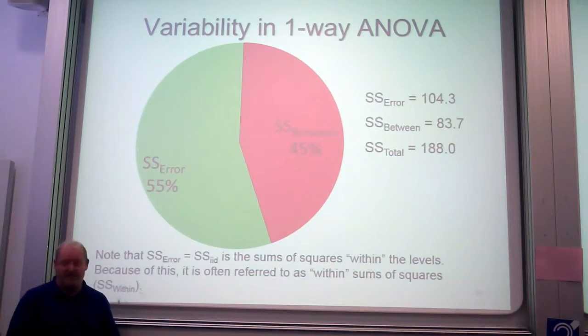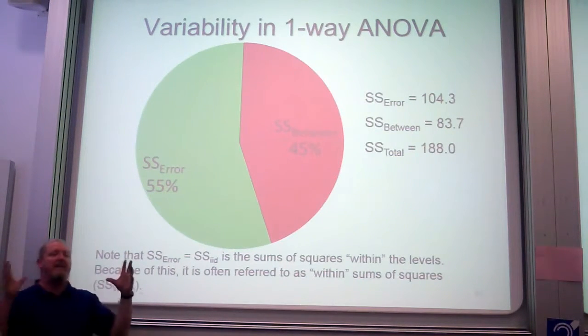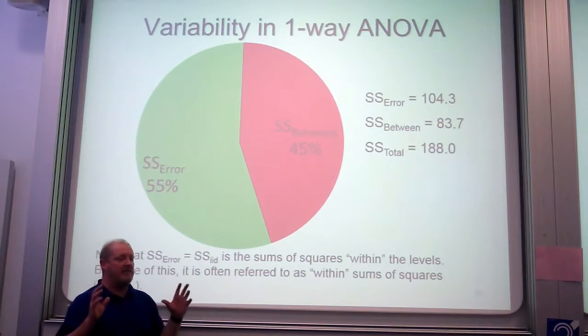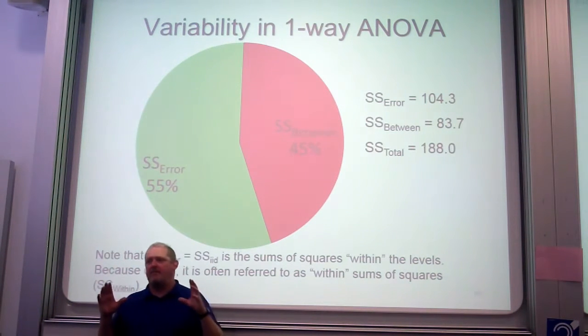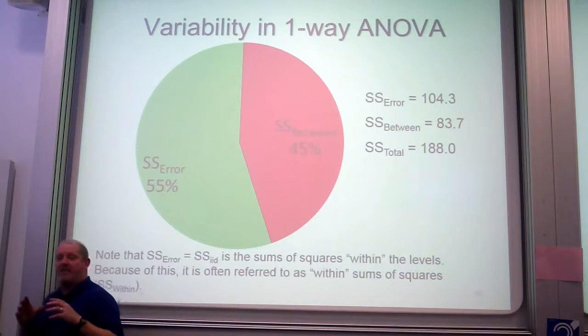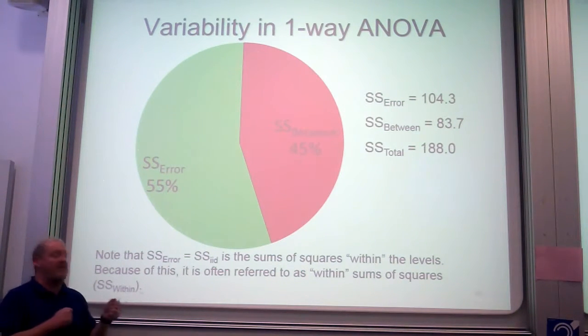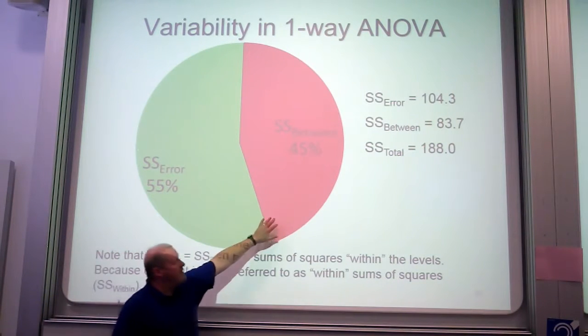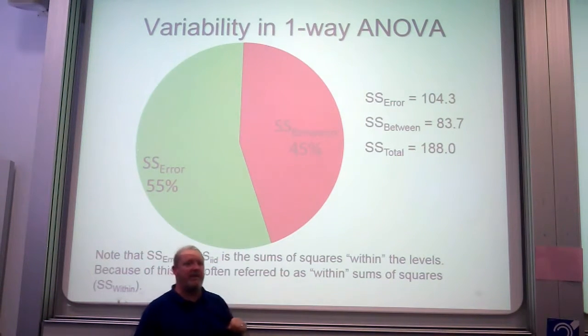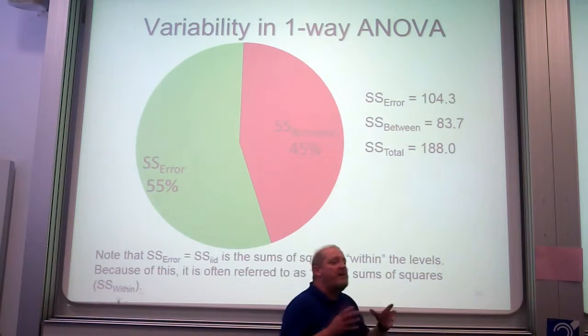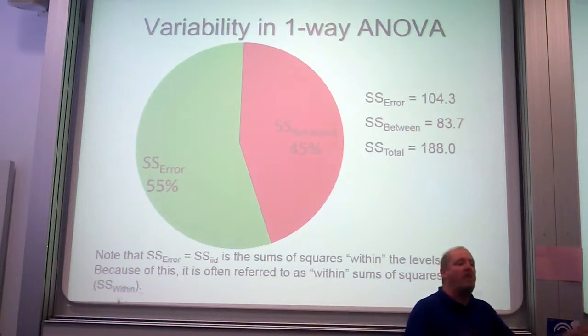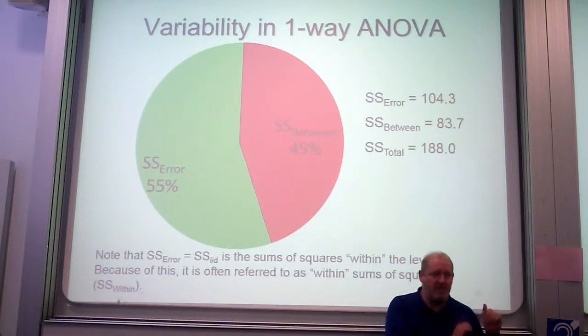What I'm showing here in the Venn diagram, the circle, is the notion of all the variability of the data. And we're saying that we can attribute that variability to 2 things. One, the sums of squares between, is the variability that's due to being in one condition or another.